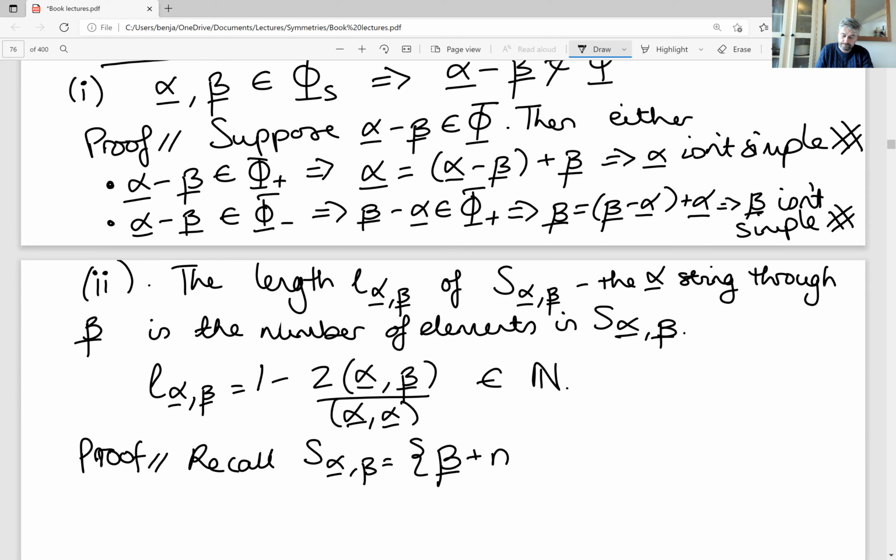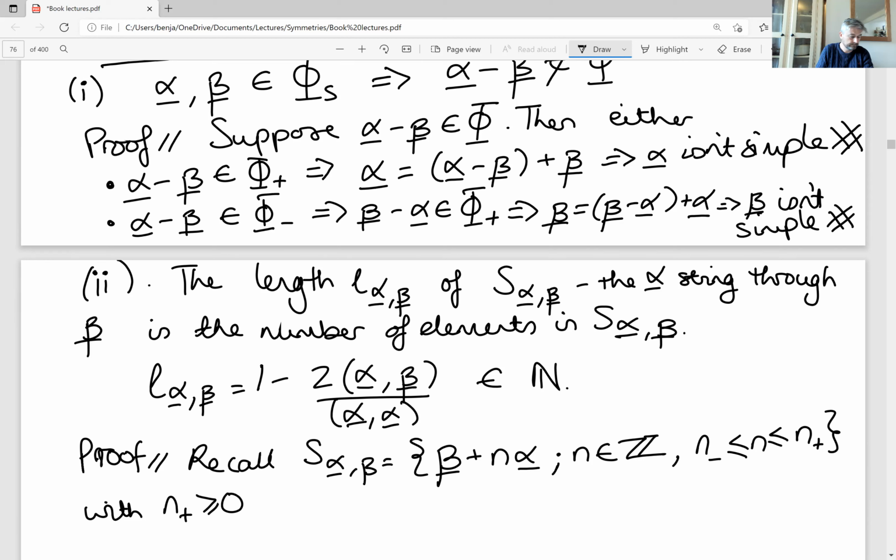We've shown actually last time that our definition is equivalent to this. We take some integer times alpha and add it to beta, where this integer is between these numbers n plus and n minus, which we defined last lecture, where n plus is bigger than or equal to 0, and n minus is less than or equal to 0.